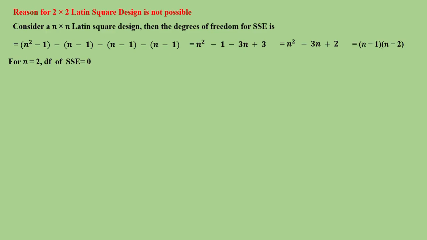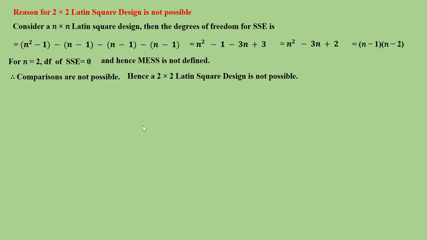For n equal to 2, the error sum is 0, and hence MESS is not defined. If there is no MESS, you cannot define F, so comparison is not possible. Hence a 2 by 2 Latin square design is not possible.